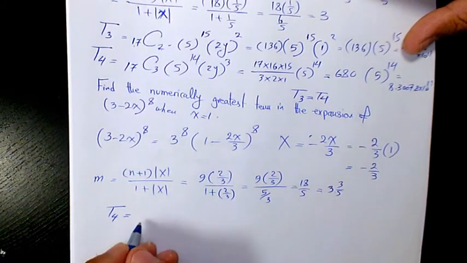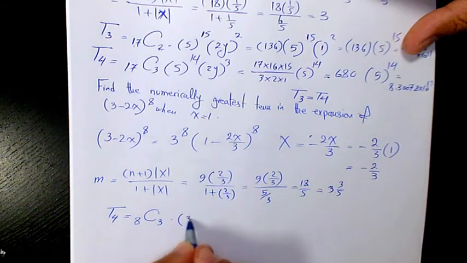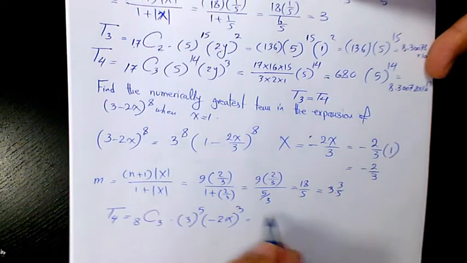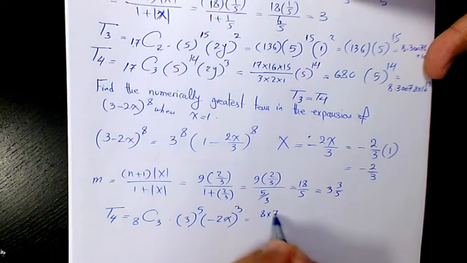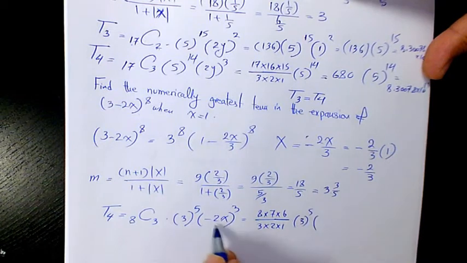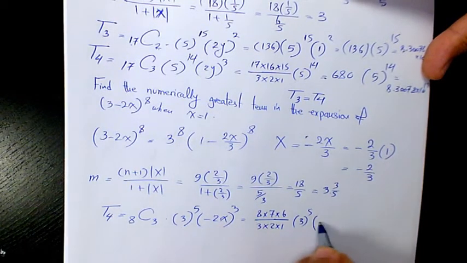T4 is 8C3 times 3 to the power of 5 times negative 2x to the power of 3. That's going to be 8 times 7 times 6 divided by 3 times 2 times 1, times 3 to the power of 5, times negative 2 times x, x is 1, negative 2 to the power of 3.